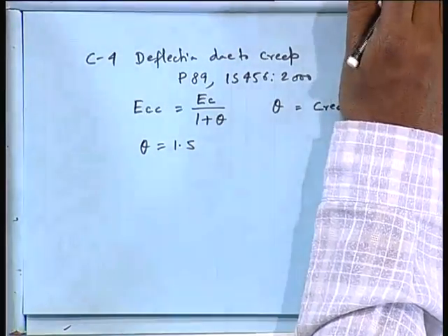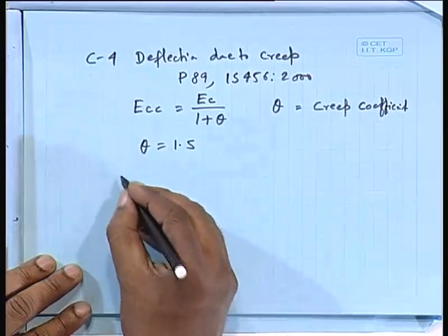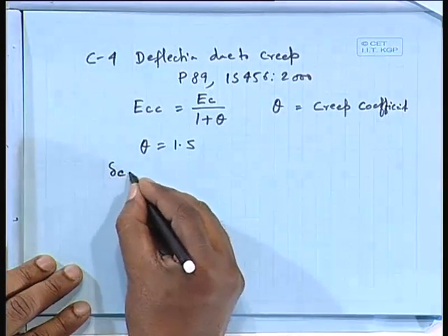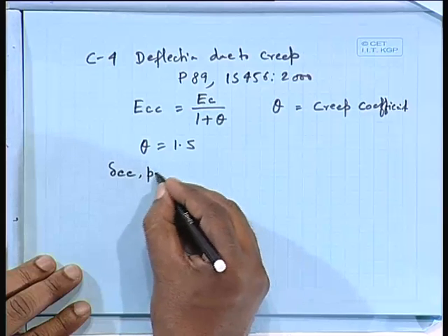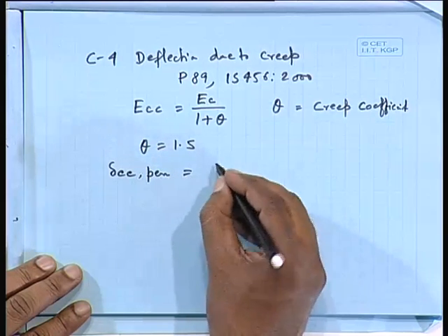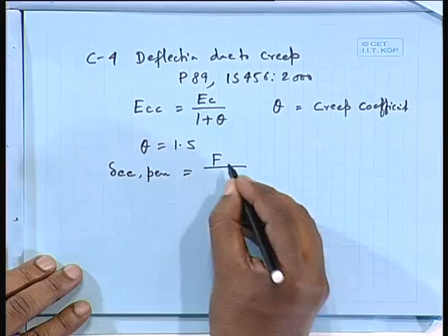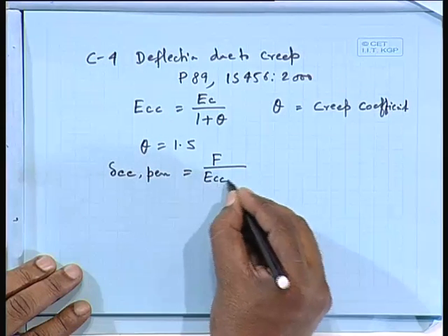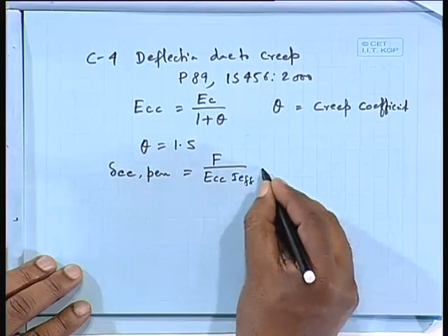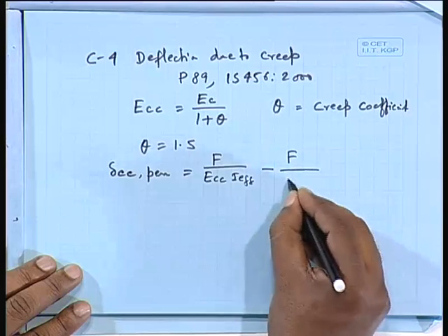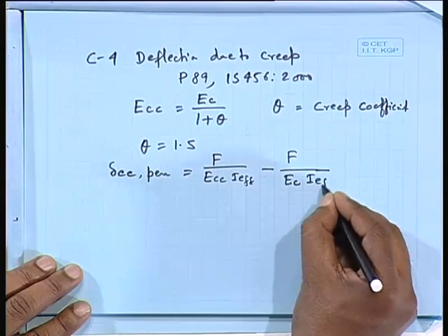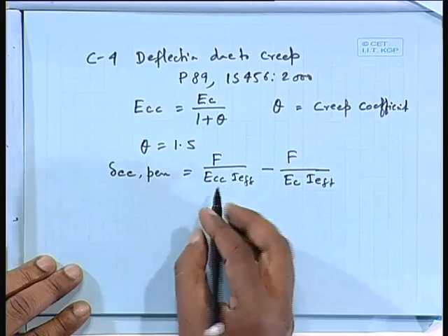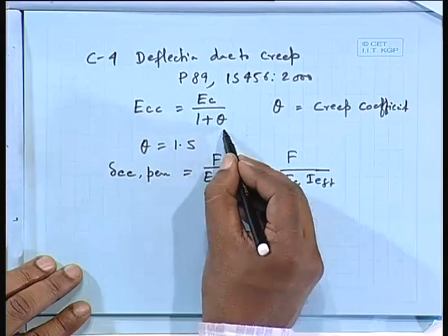So, we can find out delta C, that is permanent, equal to, using the same formula, ECC I effective minus F by EC, this is due to short term load, I effective, and ECC equals EC by 1 plus theta.